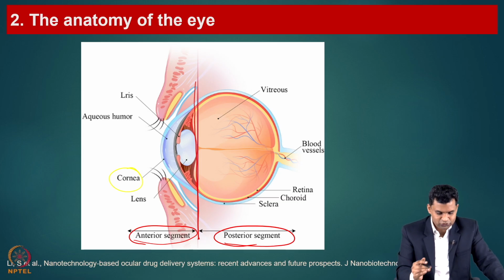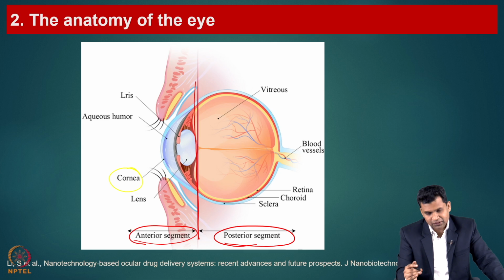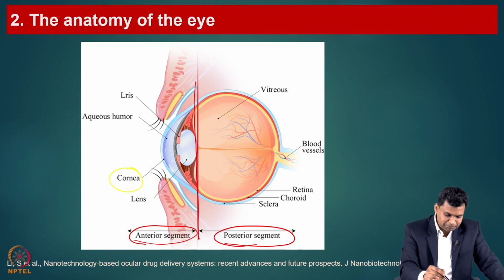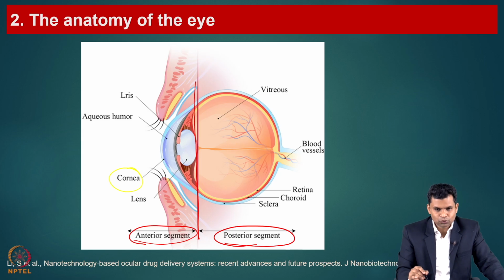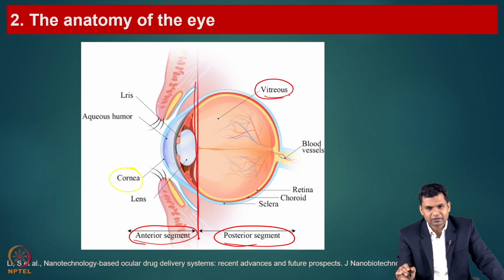Our target is to get the molecules into the eye. These barriers play a major role in absorption and permeation. Reaching the vitreous fluid is one of the major challenges because of the barriers.